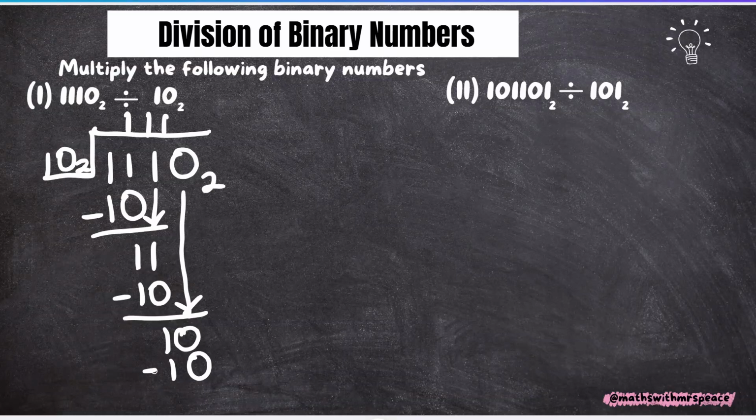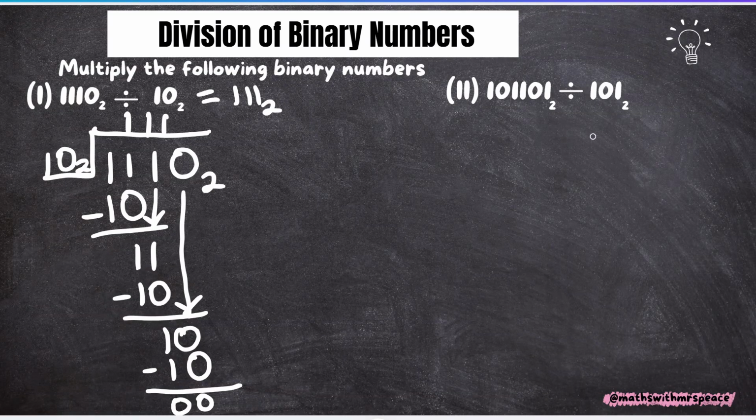So we subtract, and then 10 minus 10 will give us 0, and we are done with this division. So our final answer is equal to 111 in base 2.